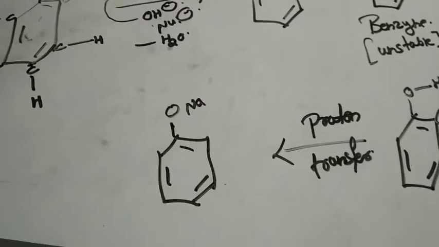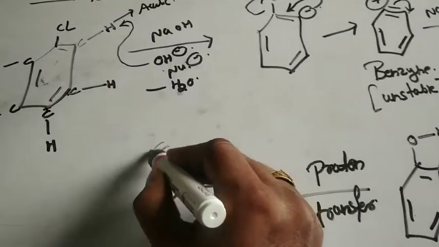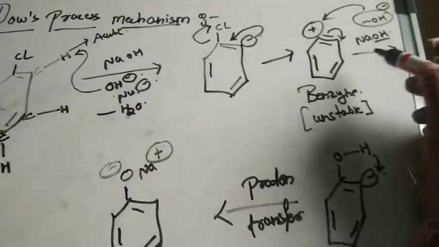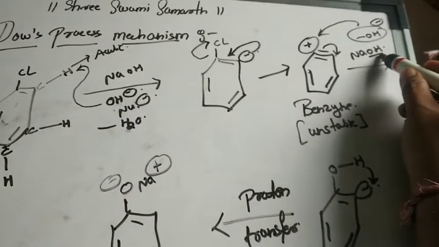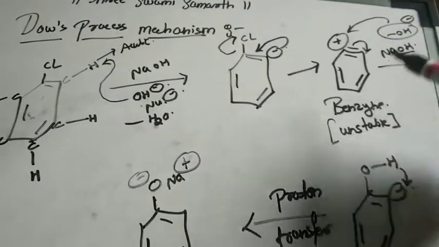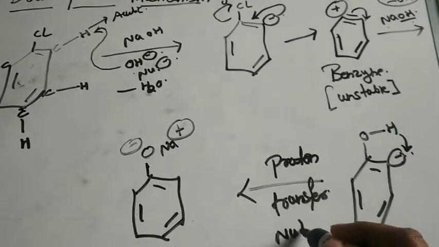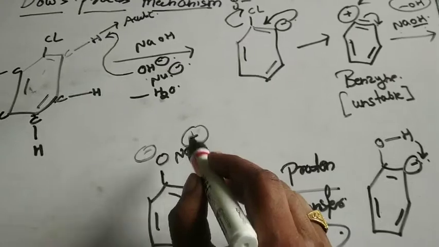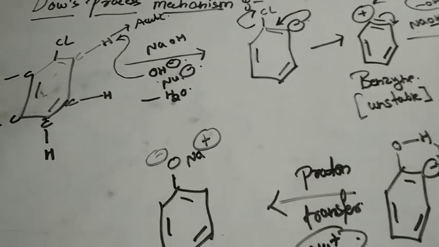Sodium phenoxide is formed, right? And this oxygen contains the negative charge, sodium contains the positive charge. Because here we saw there is one OH minus also, one more Na plus is also there. So now this Na plus will attack on this oxygen negative charge, and sodium contains the positive charge, right?